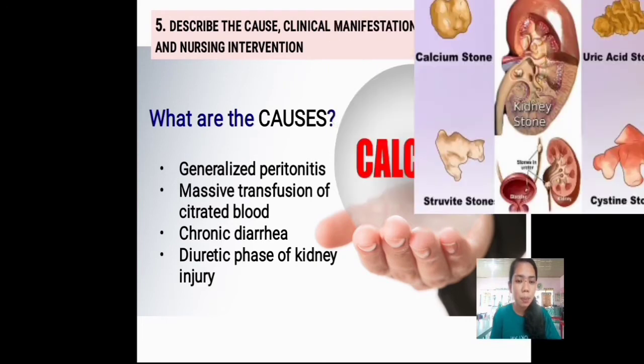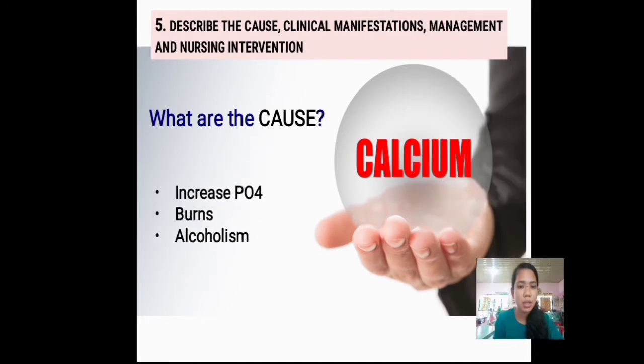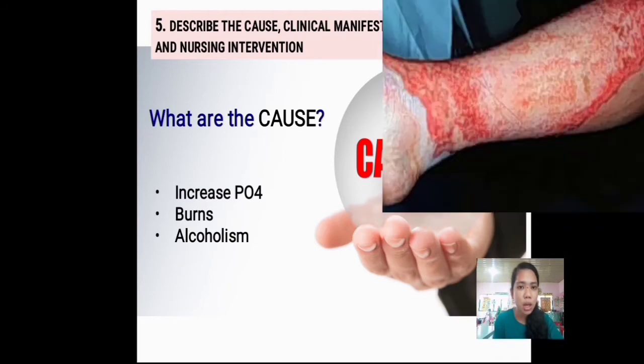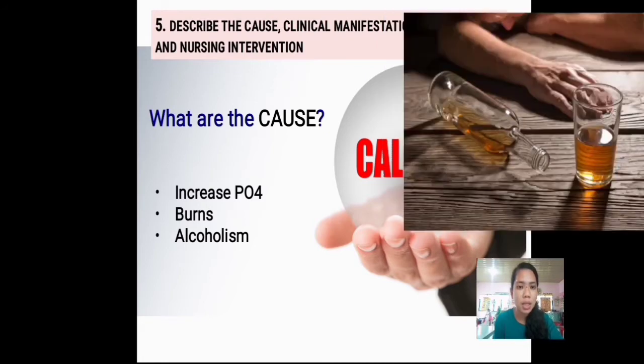Next is the diuretic phase of kidney injury. It's hard to keep the right electrolyte balance. Another cause is the increase of PO4, which refers to the phosphate in blood. Next is burns, which is calcium wasting. Next is alcoholism, referred to the isotonic retention of the water.